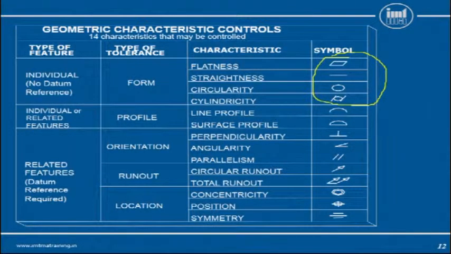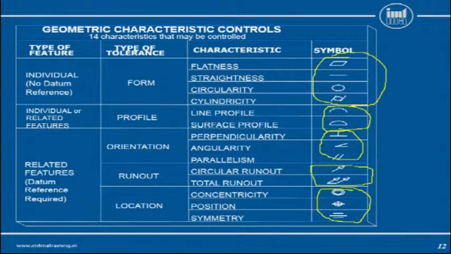Then the 3 parameters, parallelism, perpendicularity and angularity, are called the orientation group of parameters. Then we have position, concentricity and symmetry coming under the location group of parameters. Then you have runout. Then lastly you have the profile group of parameters.